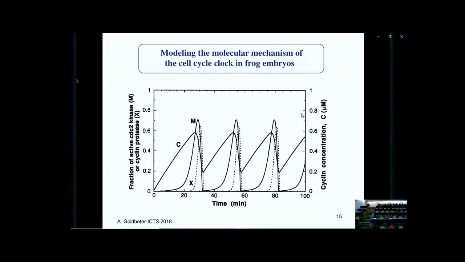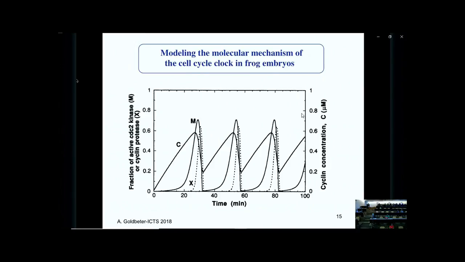So this is a mechanism for sustained oscillations of CDC2 based on negative feedback. The negative feedback takes the form here of the activation by the kinase CDC2 of a protease which degrades cyclin, which is needed to activate CDC2.